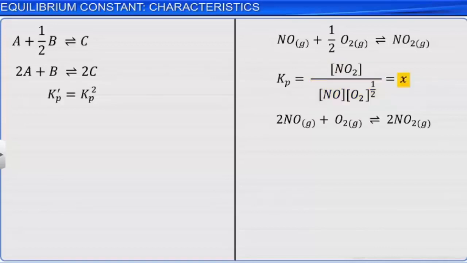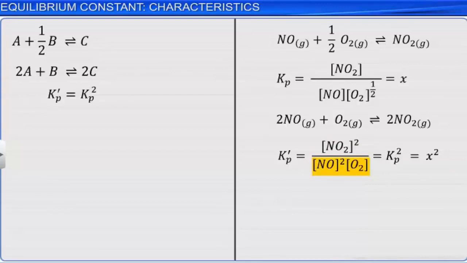The equilibrium constant for the reaction of 2 moles of gaseous nitric oxide and 1 mole of gaseous oxygen combining reversibly to form 2 moles of gaseous nitrogen dioxide may be written as Kp' is equal to concentration of nitrogen dioxide raised to the power of 2 divided by the product of the concentrations of nitric oxide raised to the power of 2 and concentration of oxygen, is equal to Kp square, which is equal to x square.